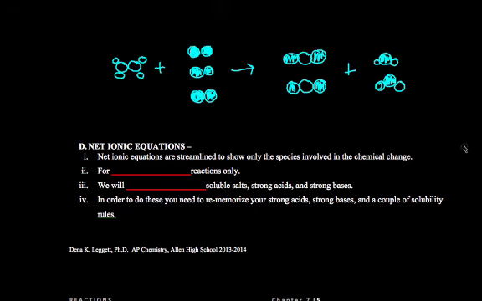Now, we can only show net ionic equations for aqueous, water-based reactions. And what we will be doing is dissociating or breaking apart into ions our soluble salts, our strong acids, and our strong bases.